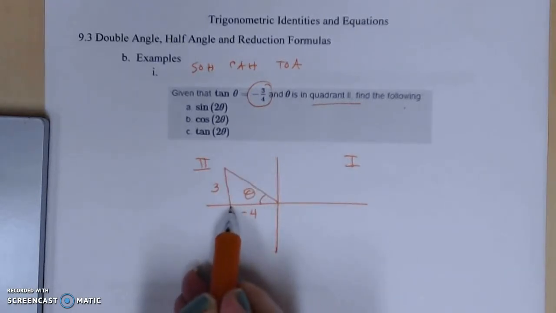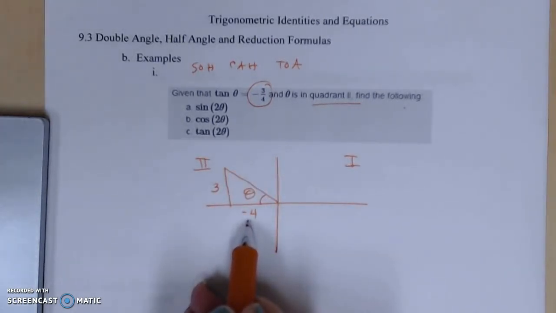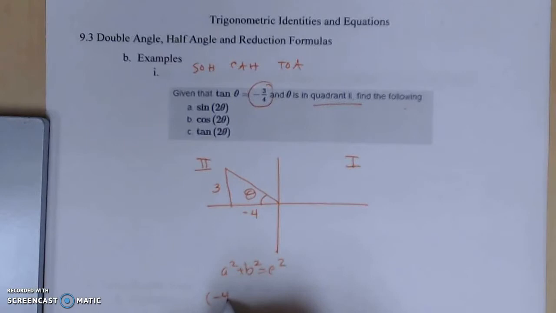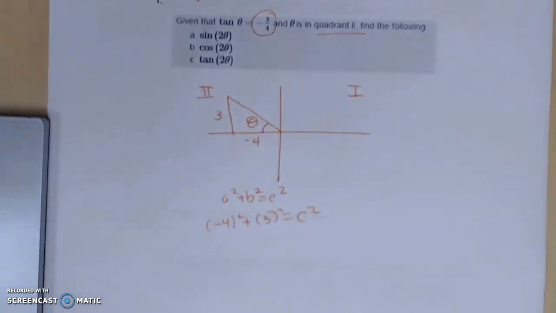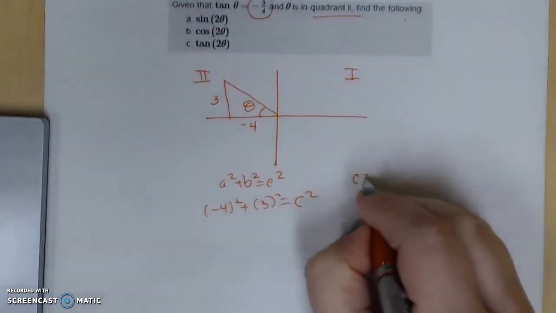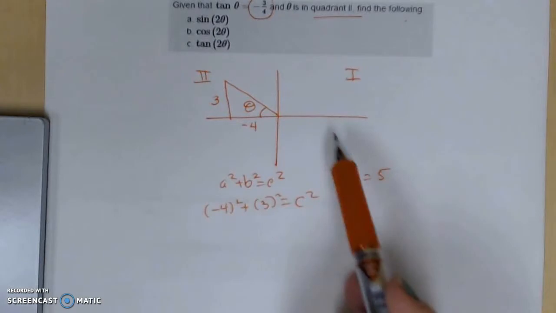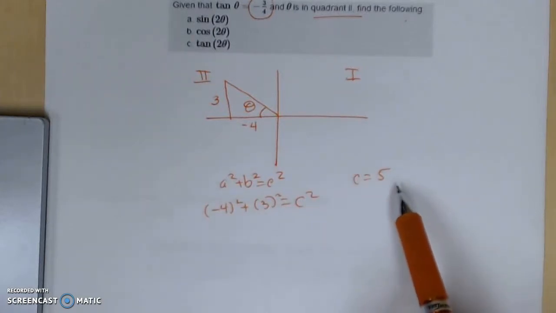This is your negative x-axis, so I knew -4 needed to go here. Now, based off this information, we could use the Pythagorean Theorem. We could say -4 squared plus 3 squared is equal to c squared. This would help me to see that c is 5. You want to square these, add these up, and square root them. You're used to the Pythagorean theorem at this point.